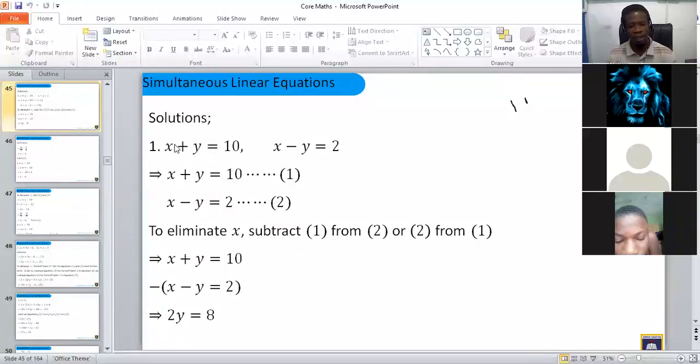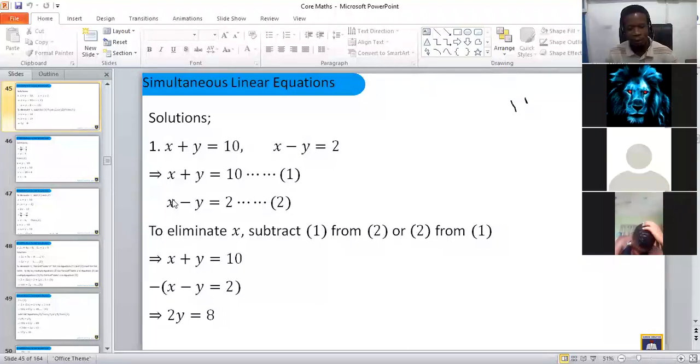So if you see equation 1 and equation 2, x is positive in equation 1 and x is positive in equation 2. That means they are the same and they have the same coefficient. So we subtract.